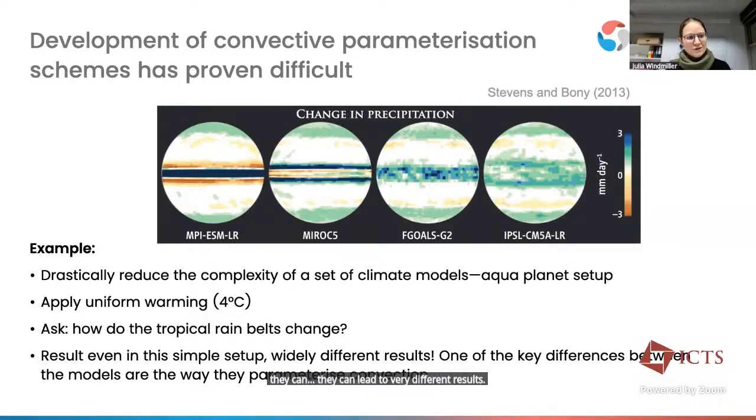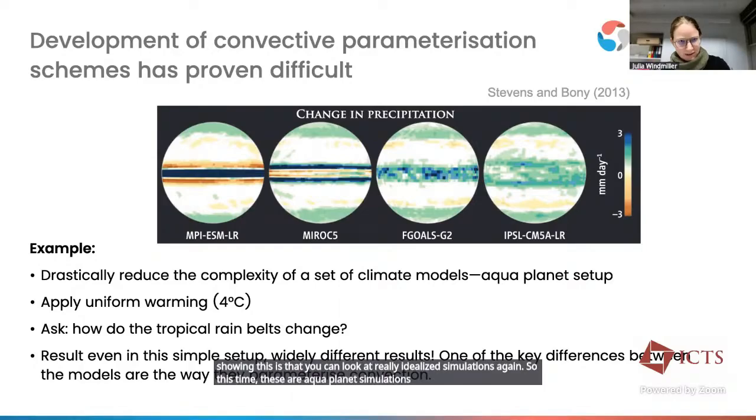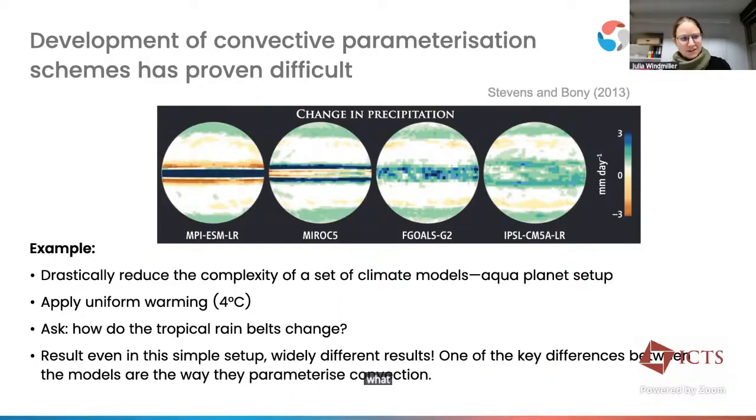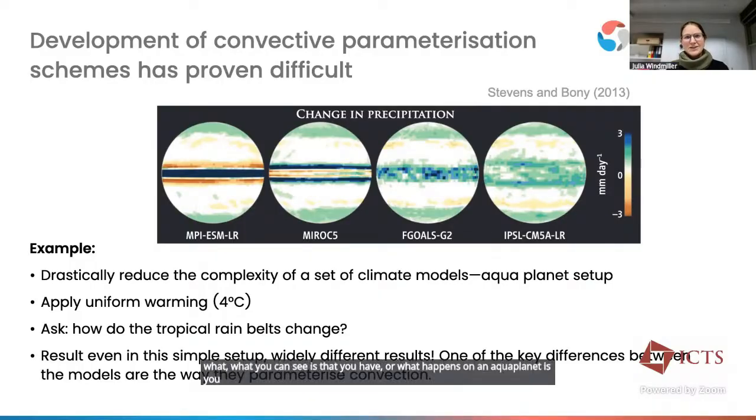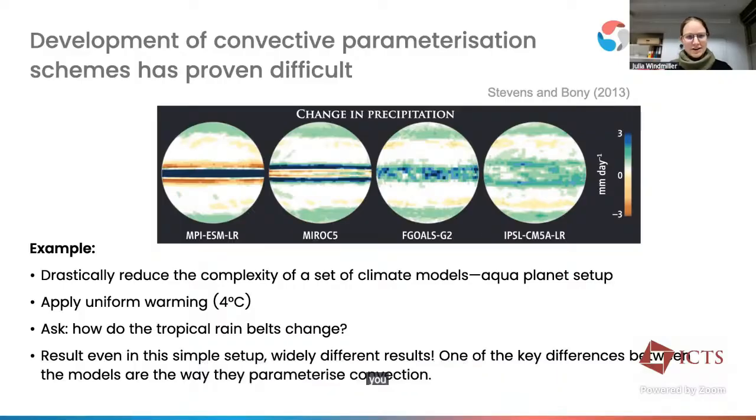And one way of showing this is that you can look at really idealized simulations again. So this time these are aquaplanet simulations. What happens in an aquaplanet is you take away the land, and you put the sun over the equator.